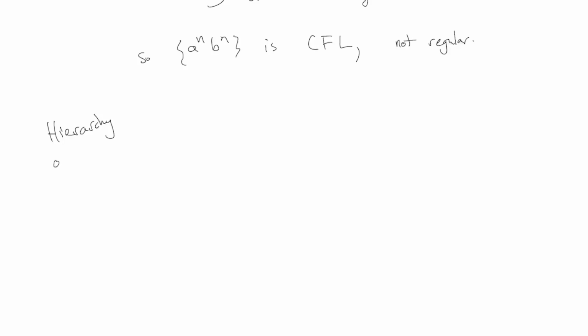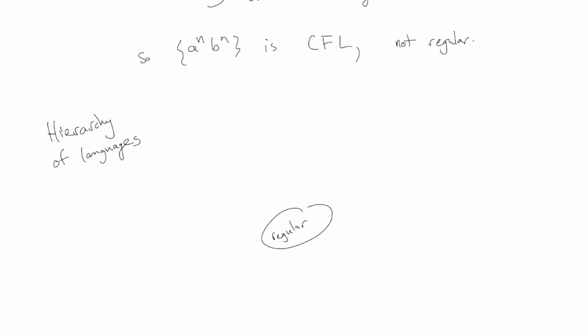The hierarchy of languages. People who study the theory of formal languages or formal computation talk a lot about this hierarchy of languages. The smallest and simplest type of languages are the regular languages, which I'll write as a little blob here. These are the regular languages.